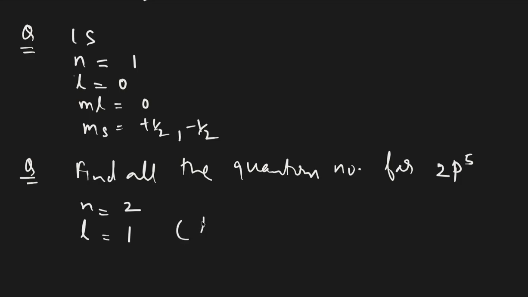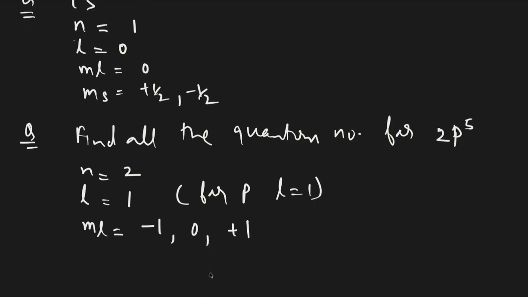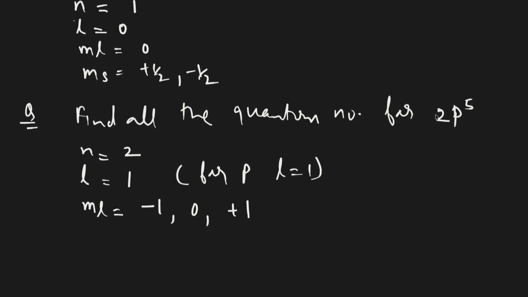Why? Because for p, l is 1, right? What about ml? So we know that ml is given as -1, 0, +1. Okay, but we don't know exactly. We are supposed to tell exactly which ml we are talking about. The electron can be present at -1, 0 or +1 anywhere, right? So for that we need to draw this.